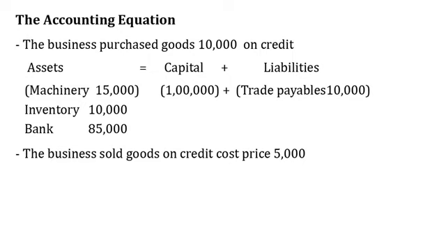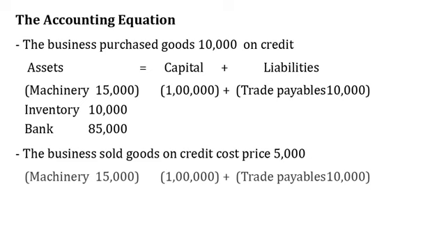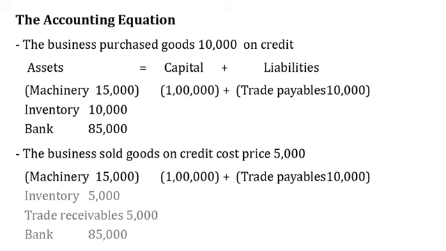So just look at the asset side. Machinery is still at 15,000. What about inventory? Look closely. In example 4, the inventory was 10,000, but now it is reduced to 5,000. Why do I say so? Because out of the total inventory of 10,000, 5,000 has already moved out of the business to some particular customer who has bought goods from us on credit.